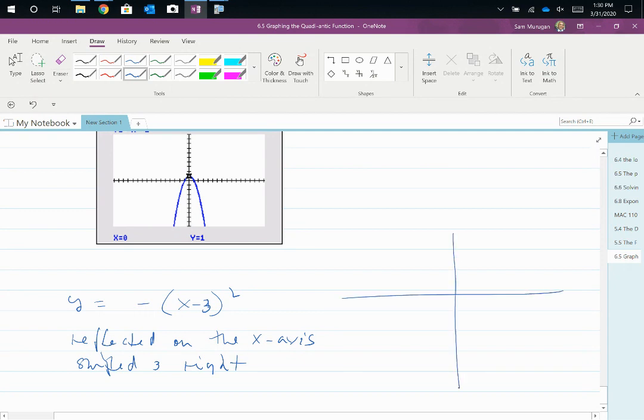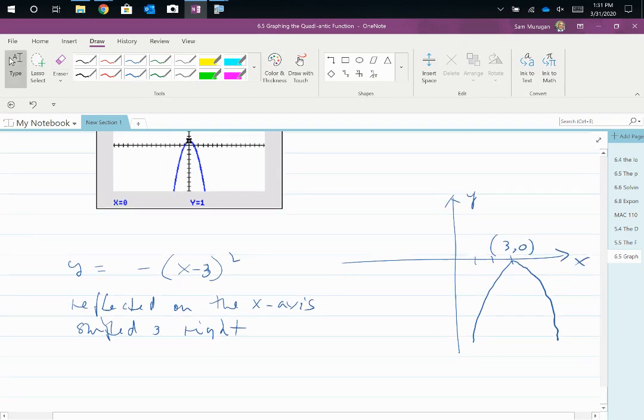So 3 to the right, and reflected on the x-axis would be this way. So that vertex would have moved to 3 and 0. And the axis would be at the x value of the vertex, which is 3.